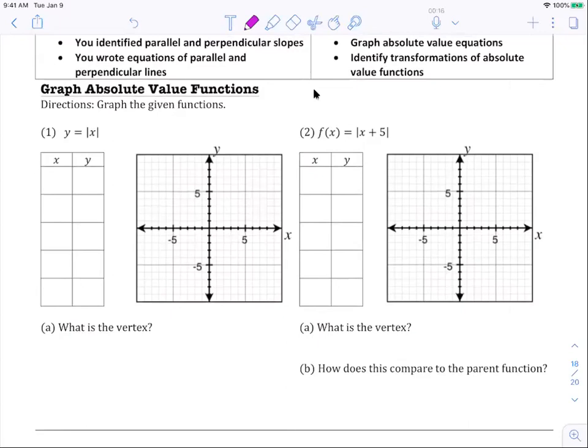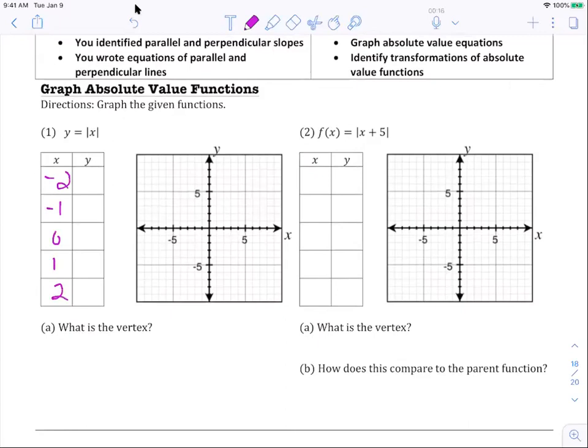When I pick my values for this first one, I'm going to show you later how we find what numbers should go in the table. But for right now, we're going to pick the standard five: 0, -1, -2, and then 1, and then 2. Absolute value is in a way even easier than squaring, because I don't have to worry about the squared part.